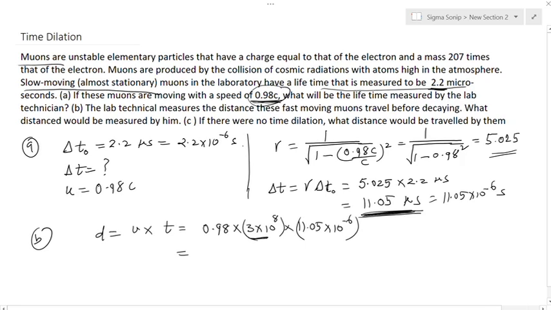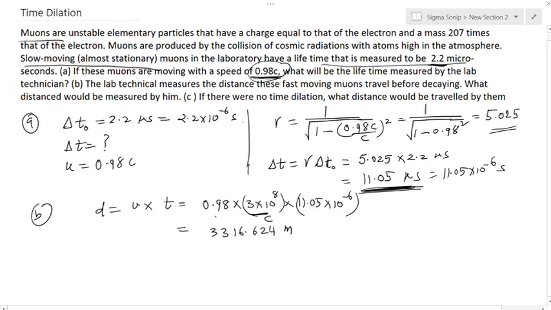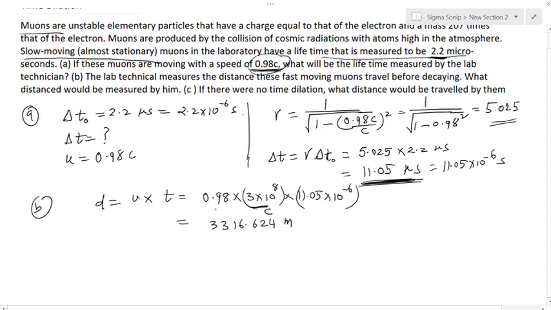I have converted the time into seconds. Plugging these values into a calculator, I come across a distance of 3316.64 meters. So as per the lab technician's observation, the muon on average will travel a distance of 3,316 meters, which is almost 3.3 kilometers.